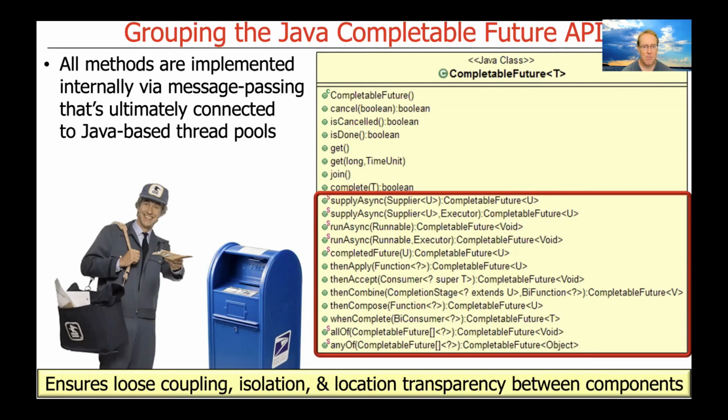Internally, there's this message passing framework that enables loose coupling, isolation, and location transparency, using the word location transparency somewhat loosely here. Really, core thread transparency is a better way to put it. It's actually always going to be running in the same address space in a process, but we don't care what core a given operation is running on asynchronously.